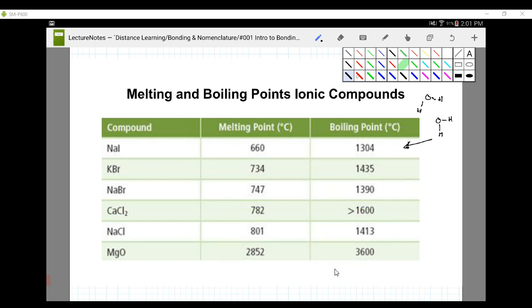But even when it does, we see that there's big differences between different ions. We see that something like magnesium and oxygen with its 2 plus, 2 minus charges, compared to potassium and bromine with its 1 plus, 1 minus, we need a lot more energy to melt the magnesium oxide, or to boil it.